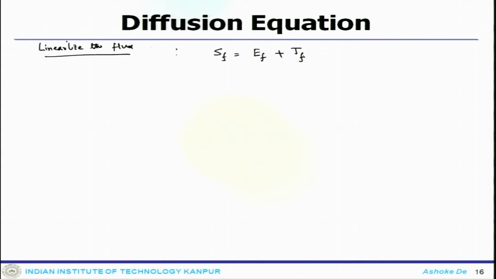These are the two components into which one needs to decompose the surface vector.